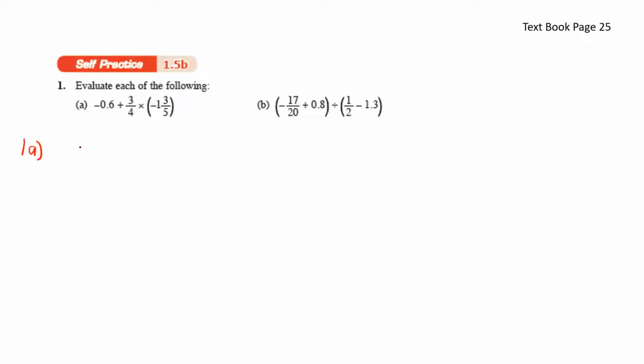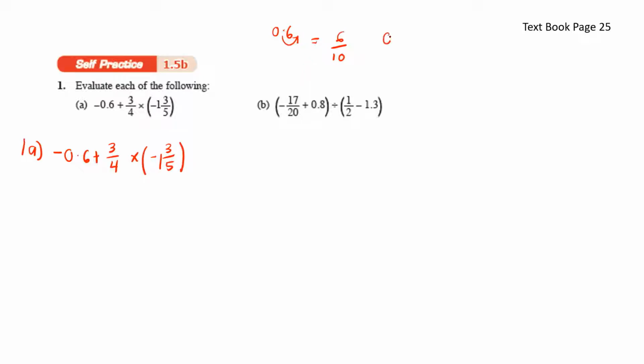Evaluate each of the following. So here we have negative 0.6 plus 3 over 4 times negative 3 over 1, 3 over 5. Since we have a decimal number, when we move the decimal place to the right, it will become 6 over 10.